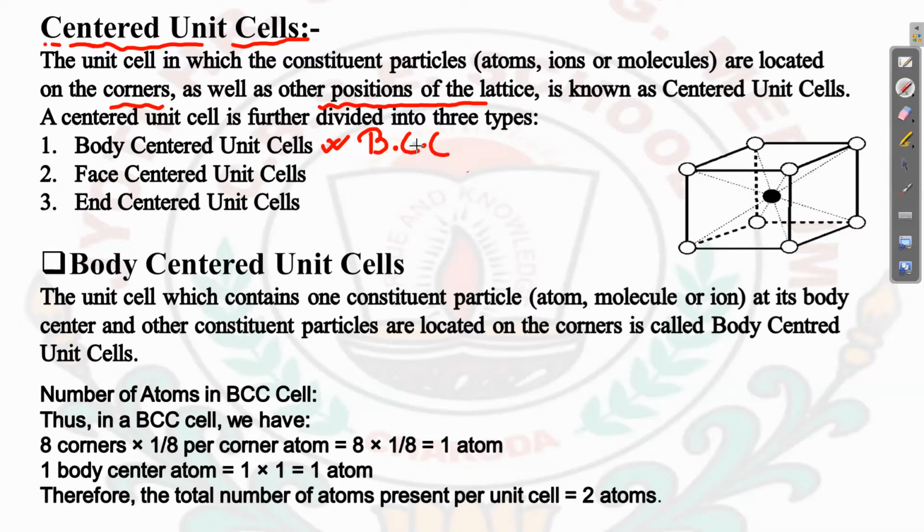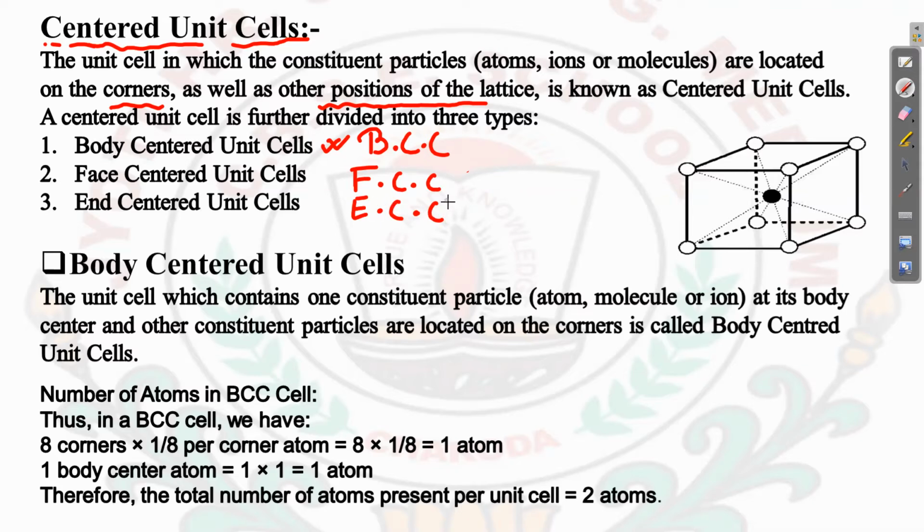Next is the face centered unit cell, abbreviated as FCC. Next is the end-centered unit cell, abbreviated as ECC. Body-centered unit cell, BCC. Face-centered unit cell, FCC, and end-centered unit cell, ECC.